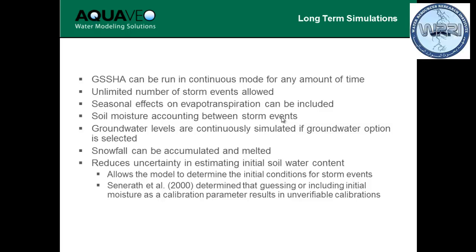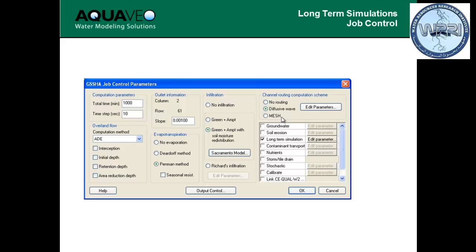The method that we talked about yesterday that's used in HMS, that same method is used in GSSHA between the storm events. WMS and GSSHA have some default parameters that are used in that method. If you have groundwater modeling turned on, it does groundwater modeling for the long-term simulation. That's about all I wanted to say with that.